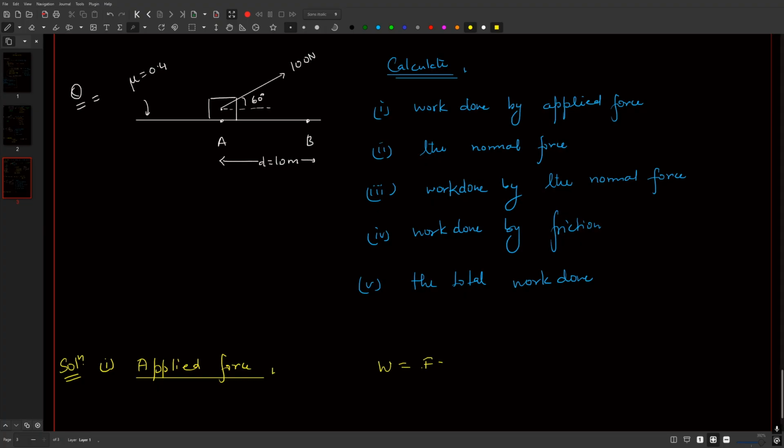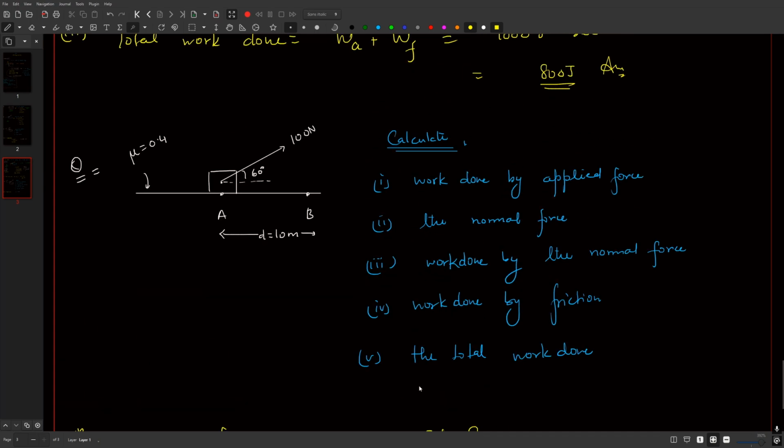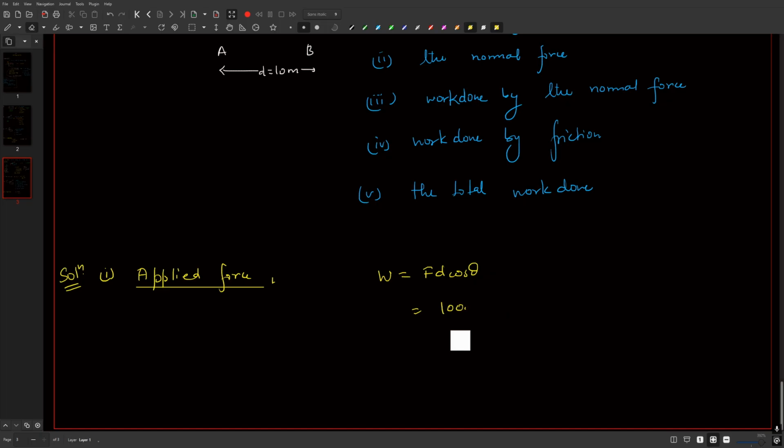This is F d cosine theta. Now all of us are aware what is going to happen here. Force is 100, displacement is 10, and the angle is already given to us, 60 degrees, so cosine is just half. So this comes out to be 500 joules. This is the work done by the applied force.